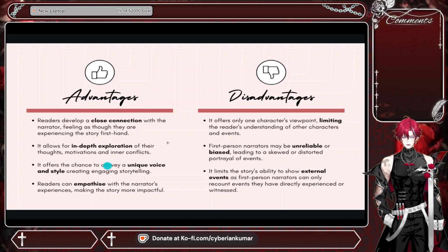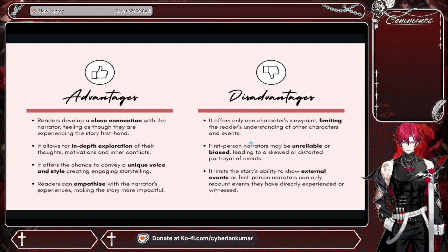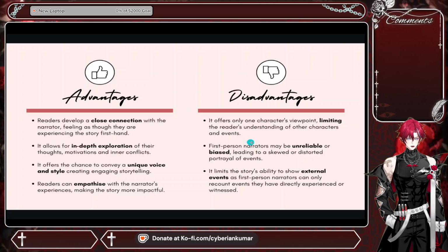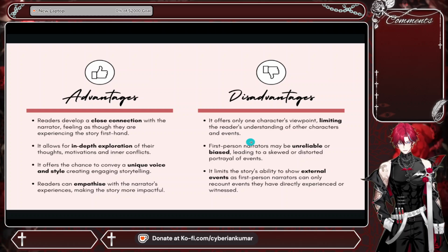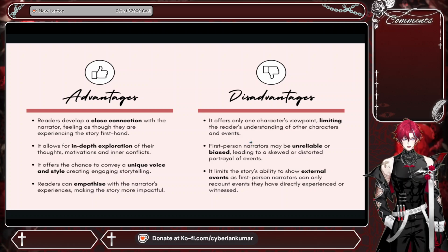Now, the disadvantage of this narrative viewpoint is that the first person narrative viewpoint is actually limiting on the reader's understanding of the other characters and events.